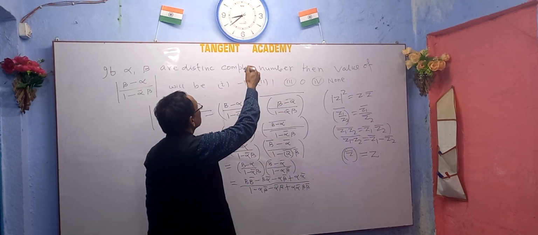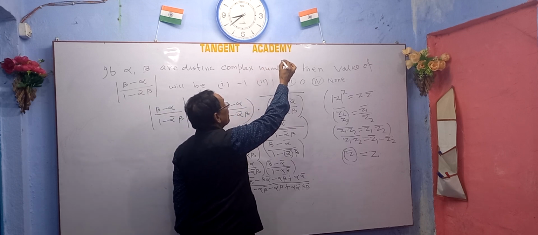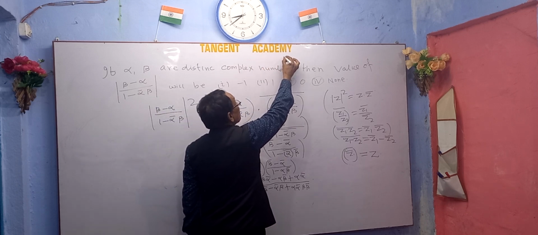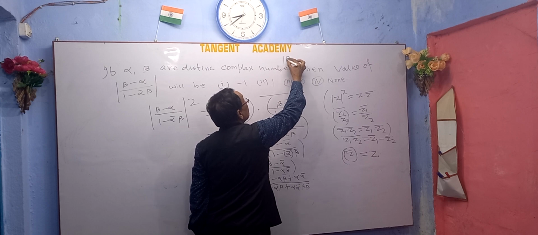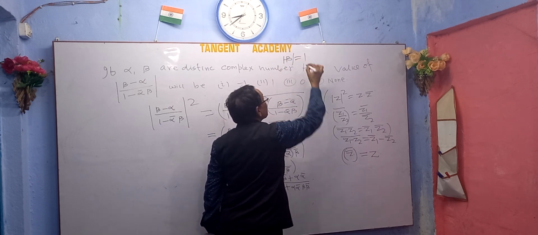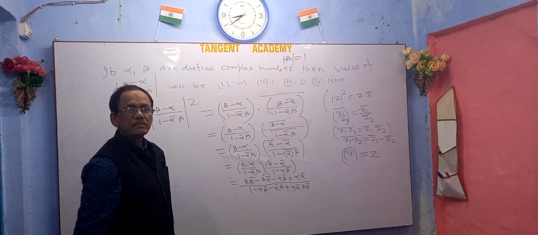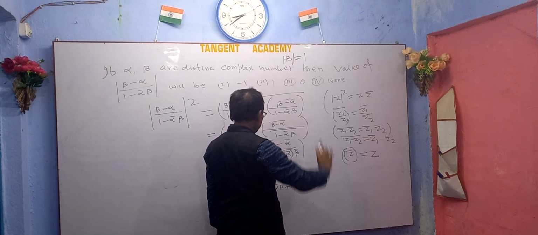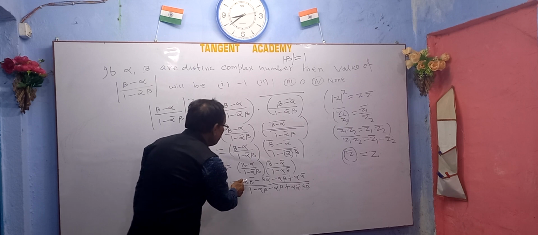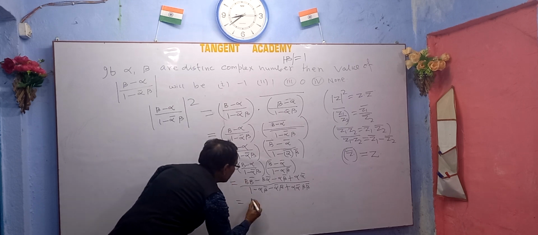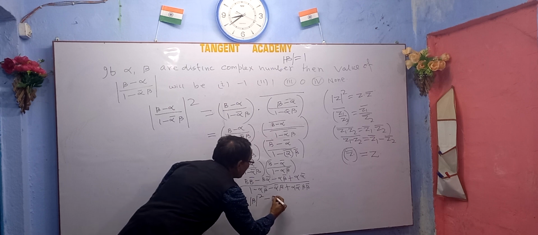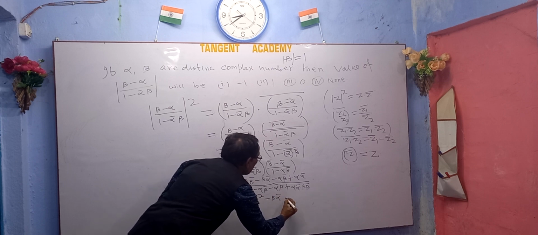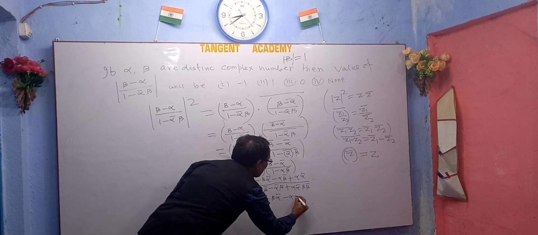One more thing is already given in the question: the absolute value of beta is equal to 1. So beta into beta bar can be written as modulus of beta square, minus beta alpha bar, minus alpha beta bar.